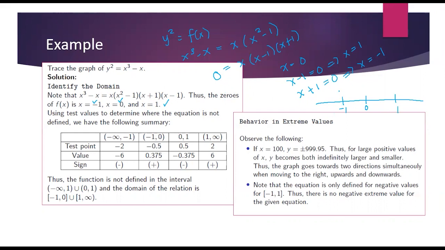So from negative 1 onwards, you have here now an open interval. We have negative infinity, negative 1 here. So that is our first interval. How about the next? We have between negative 1 and 0, so you have here an open interval, negative 1 comma 0.